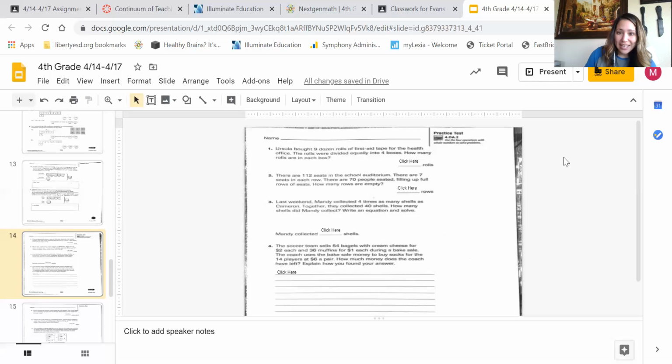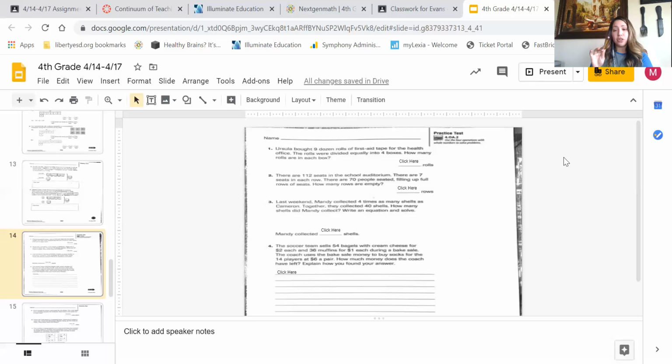All right. So what you would do is take 112 and divide it by 7. And that's going to let you know how many rows you have total. Okay. Because you have 112 seats and there are 7 seats in each row.